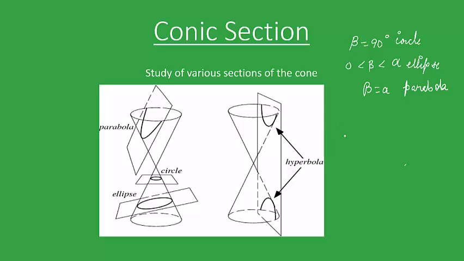The next part is if the angle beta lies between 0 and alpha, that is, either it's parallel to the axis or makes an angle less than alpha, the generator angle, we'll have a hyperbola.